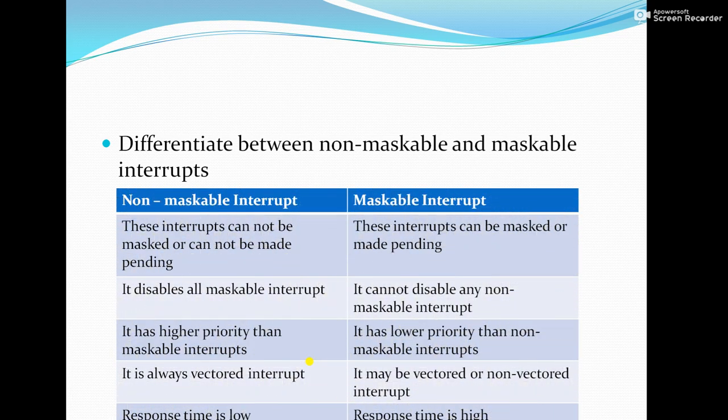Differentiate between non-maskable and maskable interrupt. I would like to discuss this question with you. These are the differences between maskable and non-maskable interrupts. The first difference is these interrupts cannot be masked or cannot be made pending. That is for non-maskable.